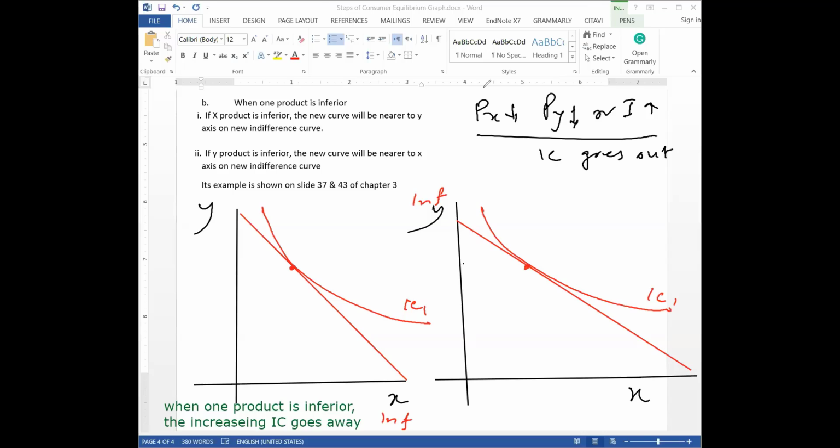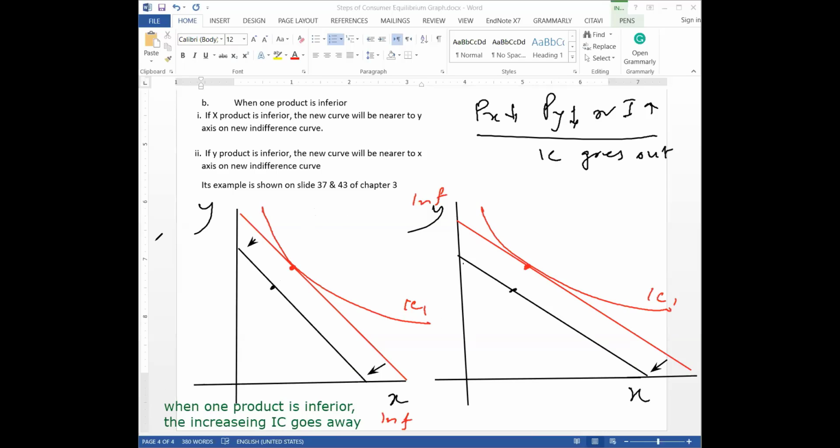So suppose there is a decrease in income. Decrease in income means the budget line will go inward, and the indifference curve will also go inward. In this case, the logic will be opposite. If they are both normal, the indifference curve should come here on the parallel 45-degree line.